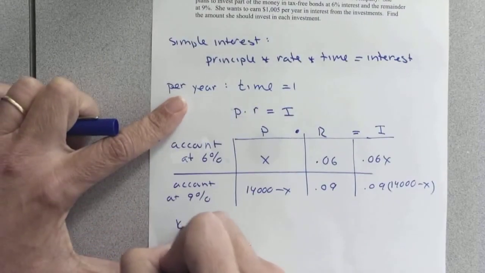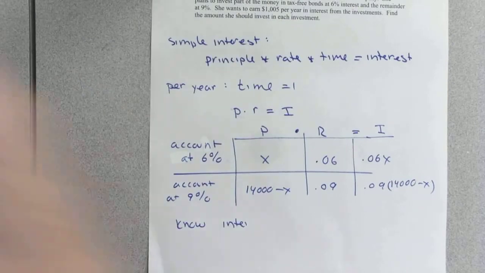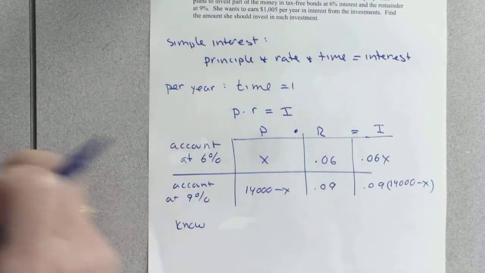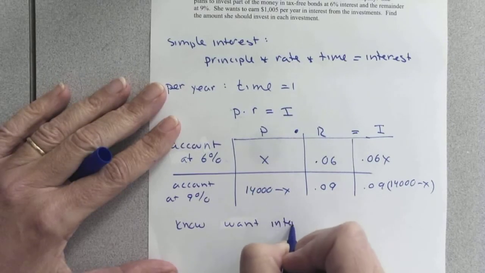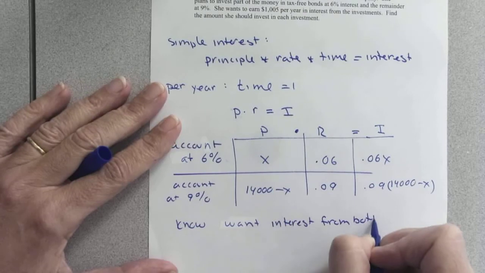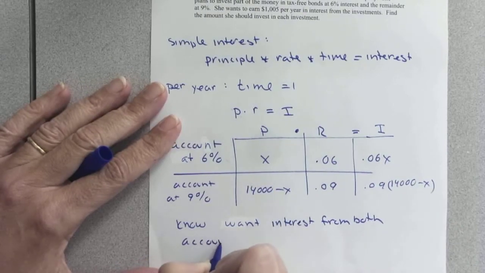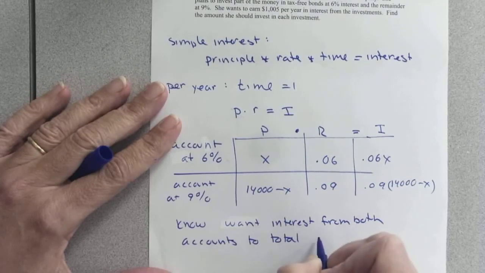That means we want the interest from both accounts to total $1,500.